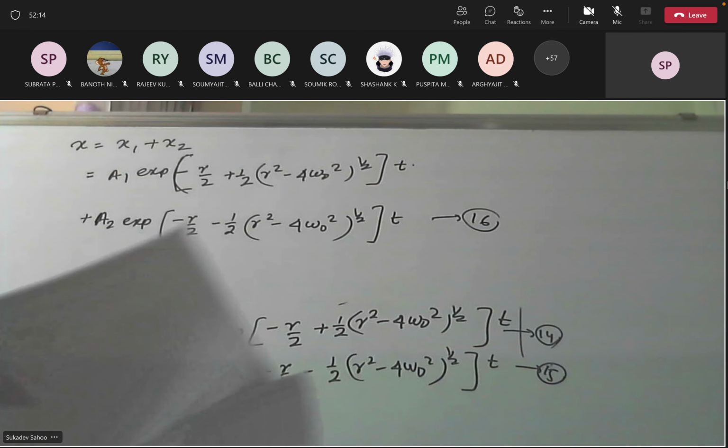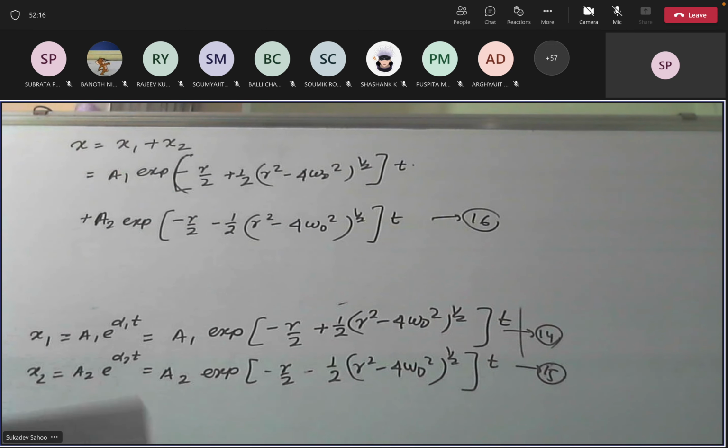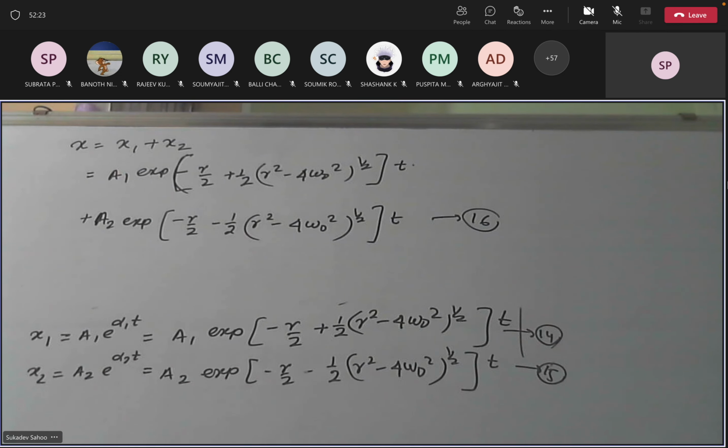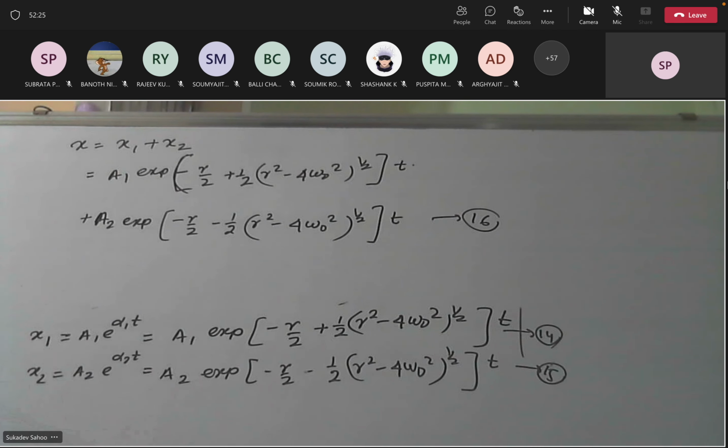Okay, where a1 and a2 are arbitrary constants to be determined from the initial conditions.